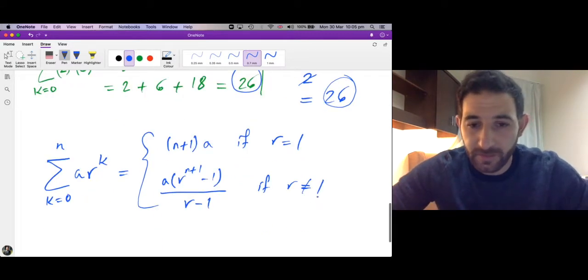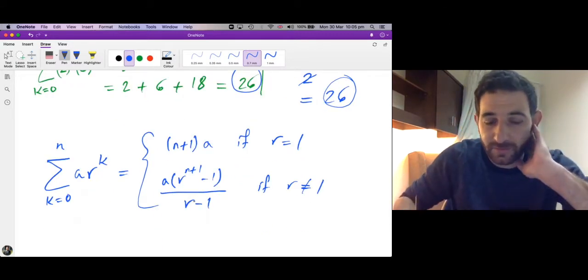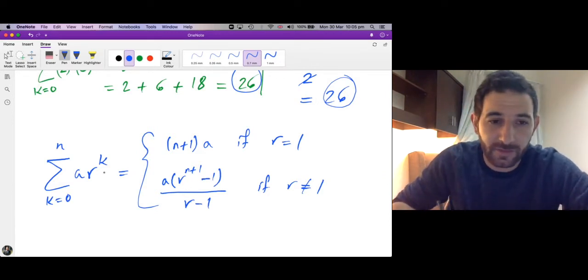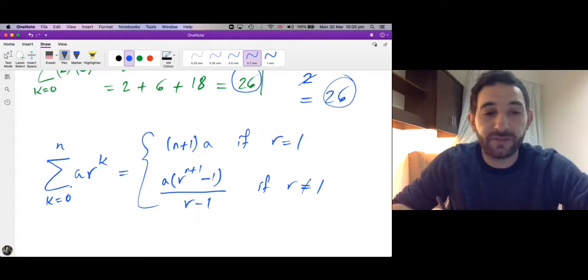And see, we need that r is not equal to 1 because we are dividing by r minus 1. So this is the formula for the summation of the first n plus 1 terms of a geometric sequence.